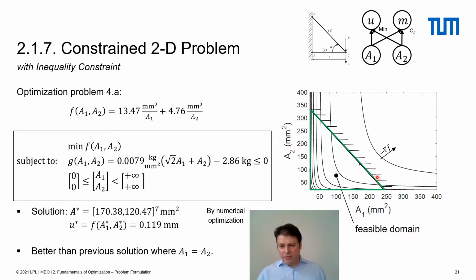And the negative gradient of f points in this direction. And this is where our preferable designs will be. So we're trying to minimize f, so we want to follow the negative gradient. And again, the inequality constraints now are visualized here by the green line.